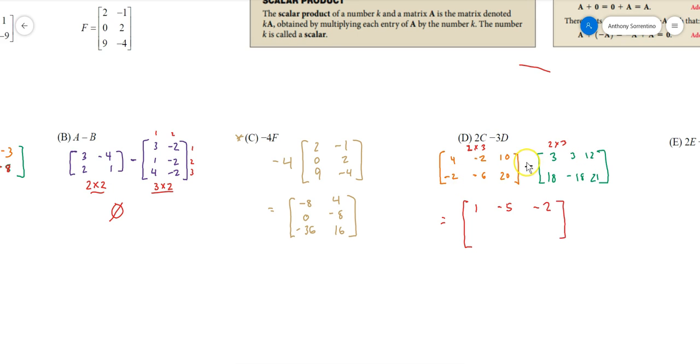Negative 2 minus 18 is negative 20. Negative 6 minus negative 18. Minus a negative is going to be plus. So negative 6 plus 18 is going to be 12. And 20 minus 21 is going to be a negative 1. And that would be the end of that one.